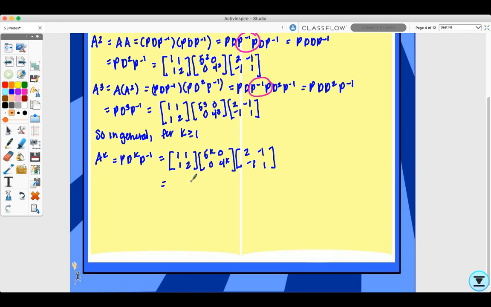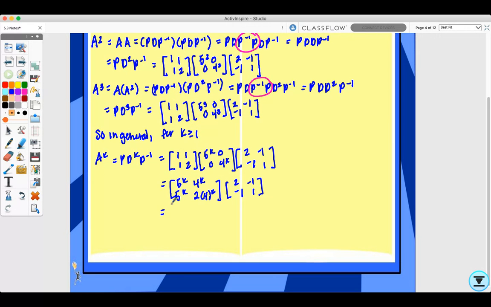Then multiplying these, we would get 5 to the k, 4 to the k, 5 to the k, 2 times 4 to the k, I believe, times 2, -1, -1, 1.